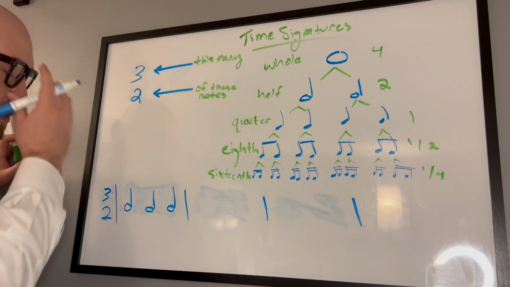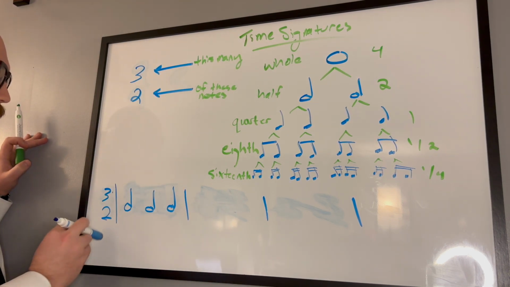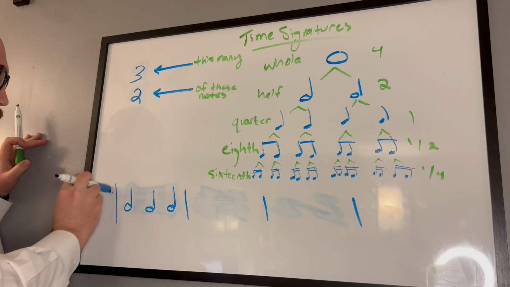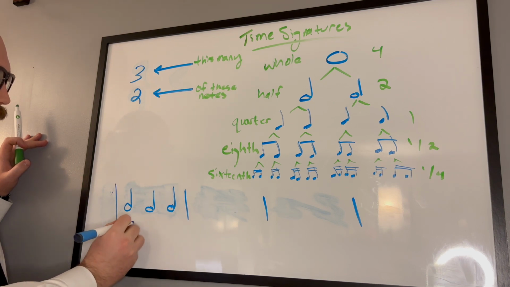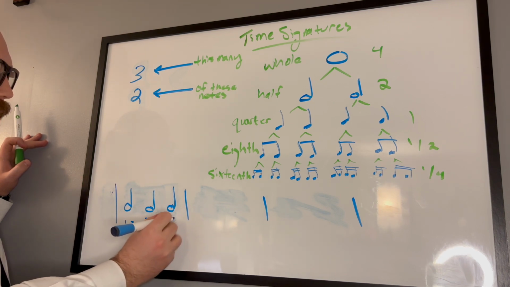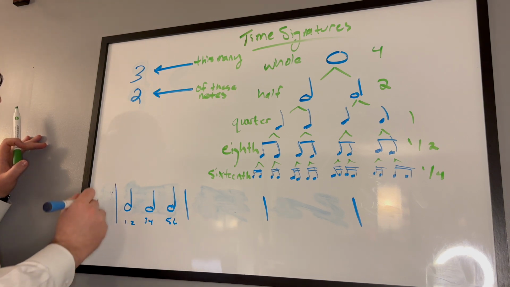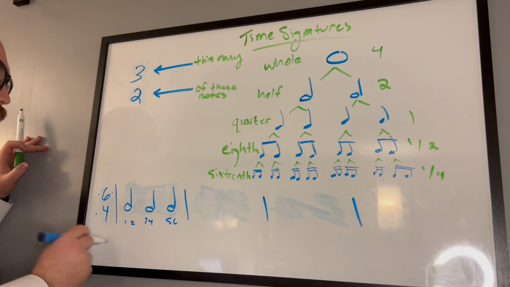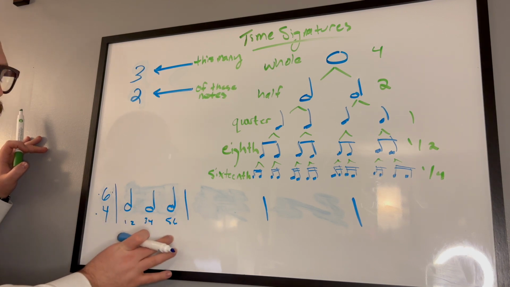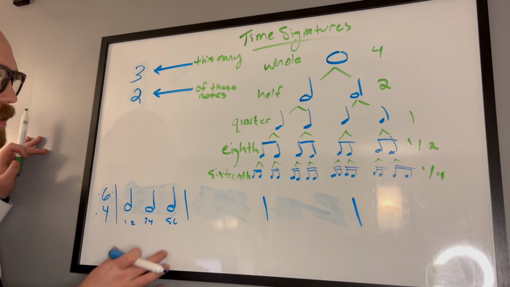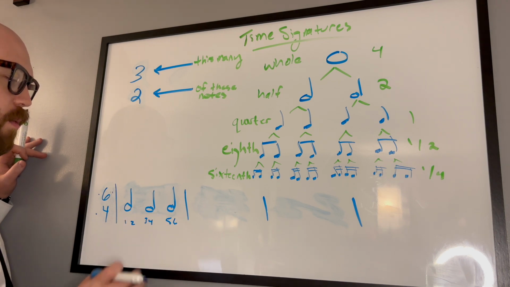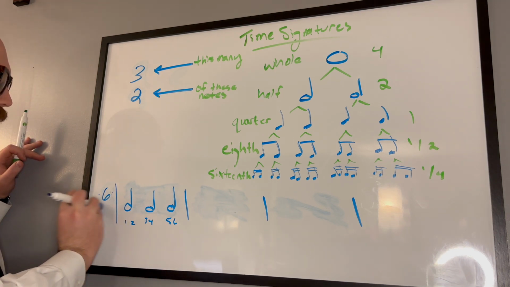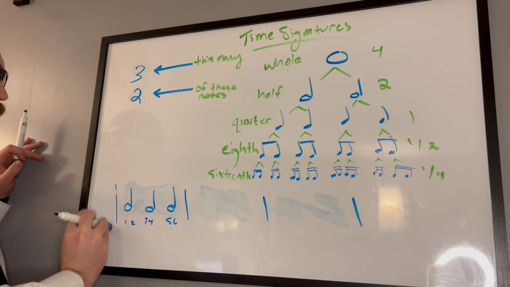Now, you're inevitably going to ask this. 3 half notes, 1, 2, 3, 4, 5, 6. Isn't that the same as 6/4, right? 6 quarter notes. 1, 2, 3, 4, 5, 6. It's theoretically the same. There's 6 beats within the measure.